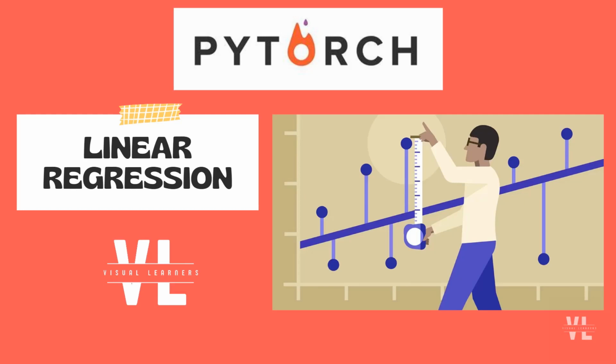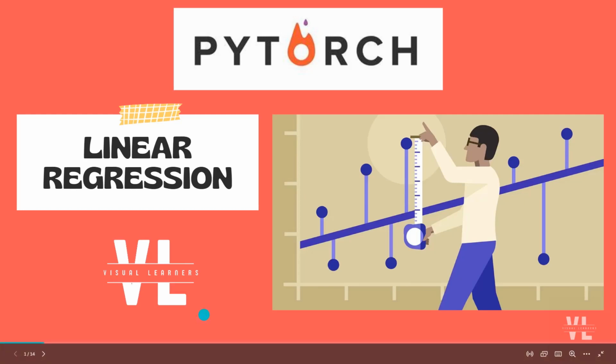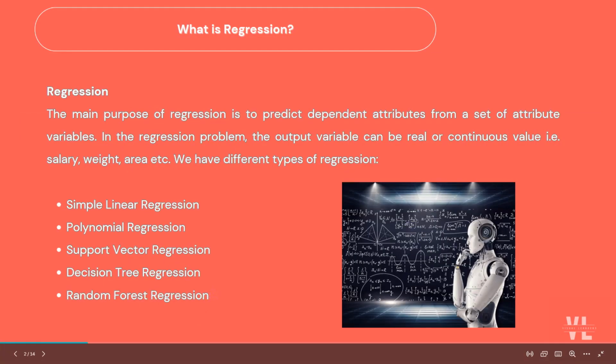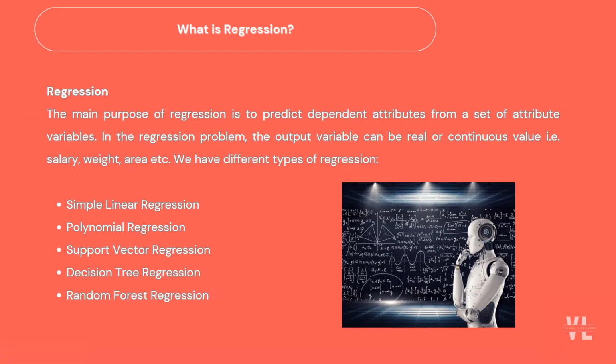In this video we're going to talk about linear regression, and it's one of the simplest and most familiar kinds of regression model. So before we define what linear regression is, first let's talk about the concept of regression.